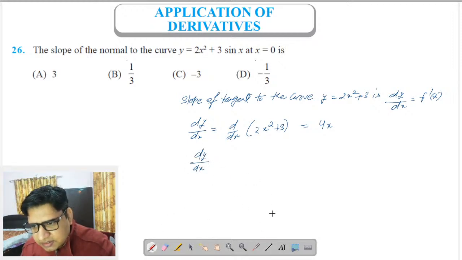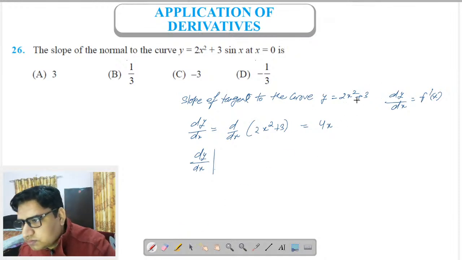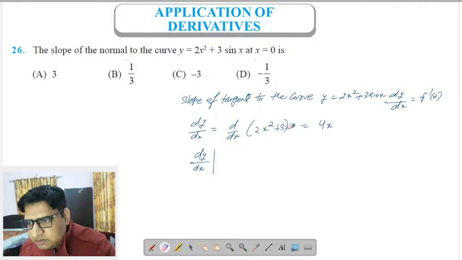Okay, and dy by dx at x is equal to 0. That is 3 sin x, so we should not miss it, guys.